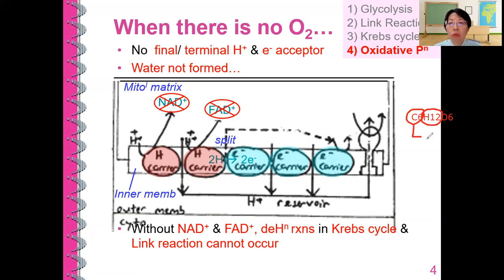We already said that carbon is removed by decarboxylation to produce CO2. And then H2, hydrogen, is removed and it must be carried by these two carriers. Okay, either this carrier or this carrier.